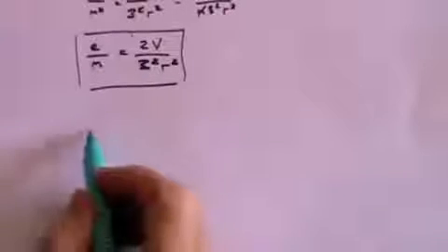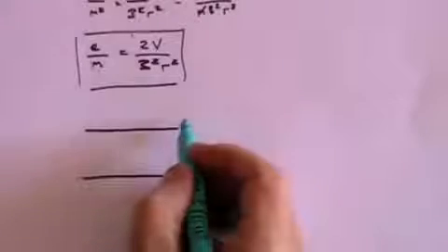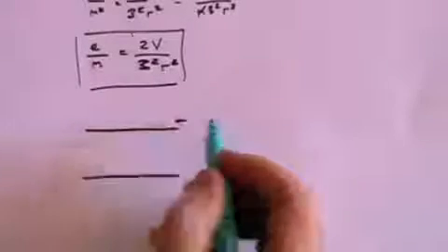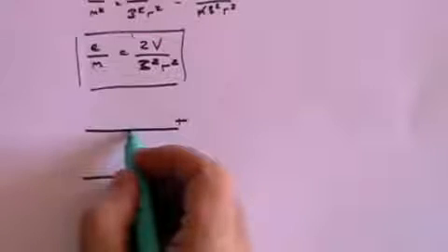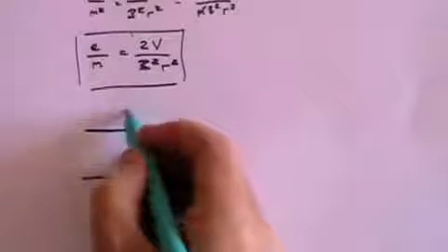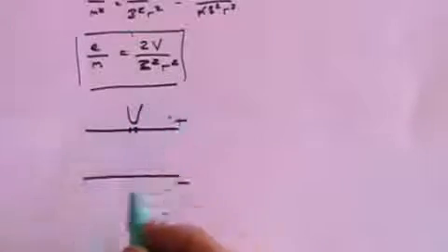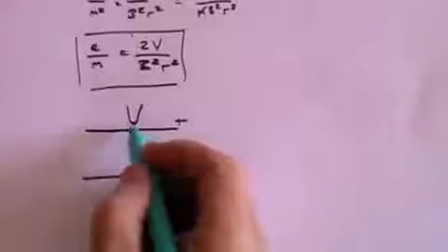Millikan took two plates. One was positively charged, one was negatively charged. And there was a very small hole in the plate, and he had what's called an atomizer. You can almost think of this as a kind of spray can.